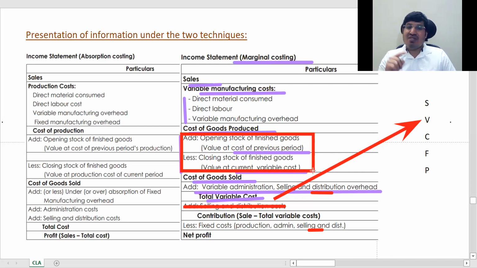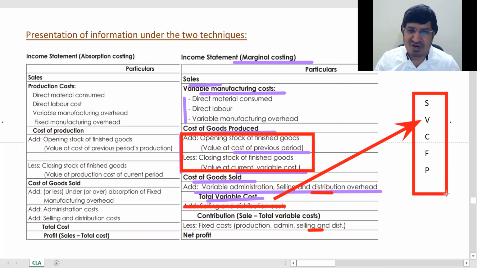It will be there for all the alternatives. So any cost which is there for all the alternatives is not considered relevant to the decision, which is why we do not consider this when we prepare the marginal cost statement.